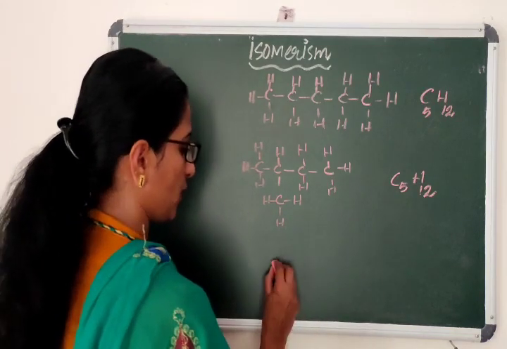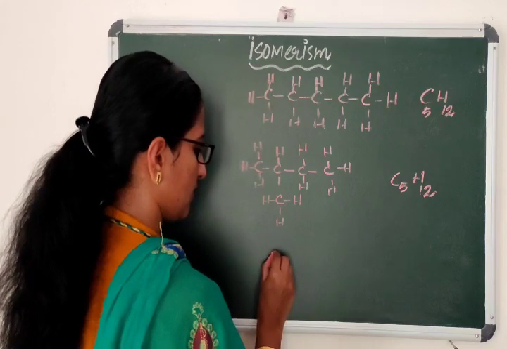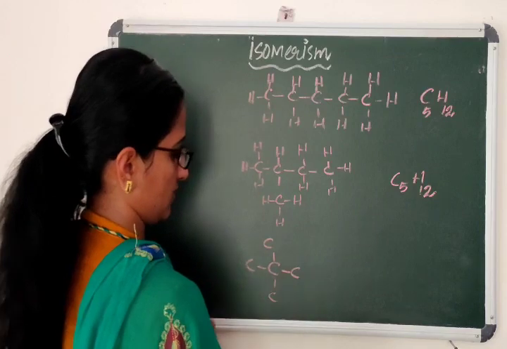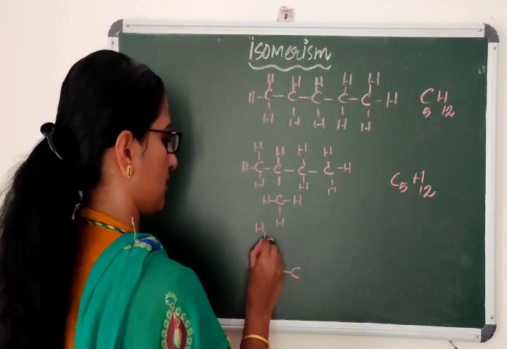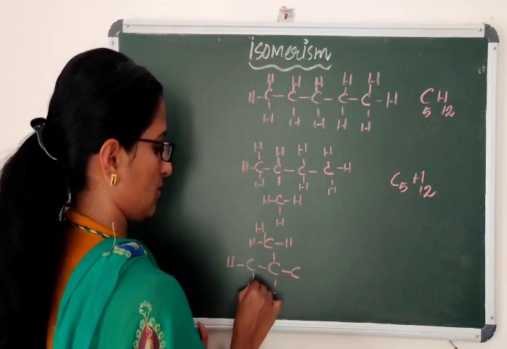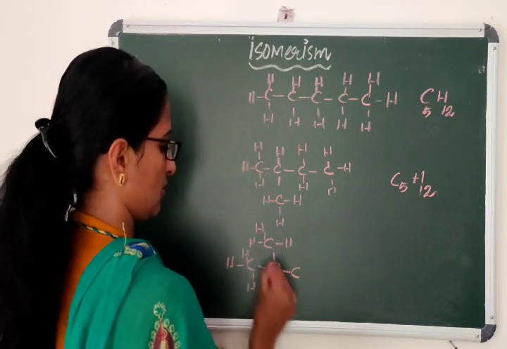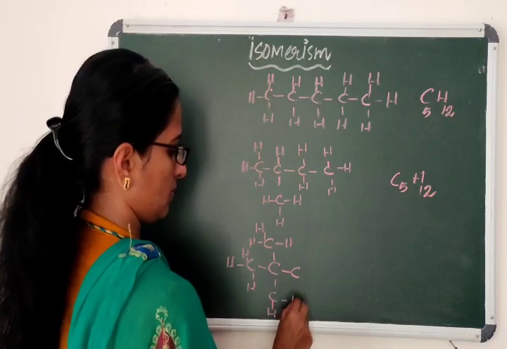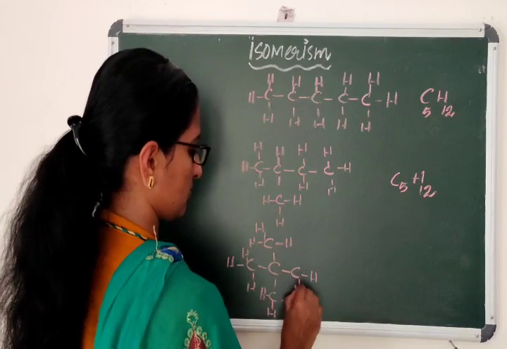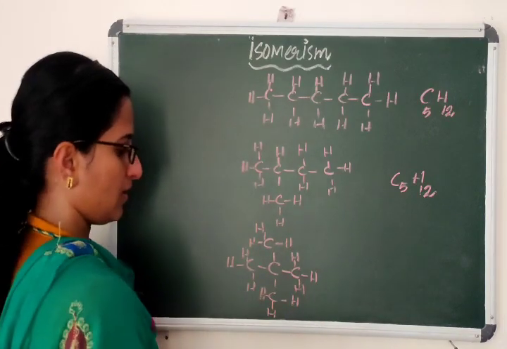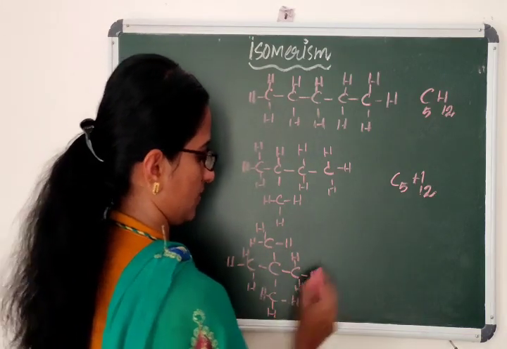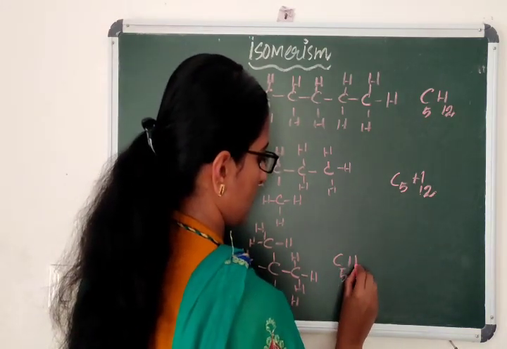Now what I am going to do is take the carbon as different branches and fill the carbon with the hydrogen. Look here, 5 carbon with the hydrogen, C5H12.